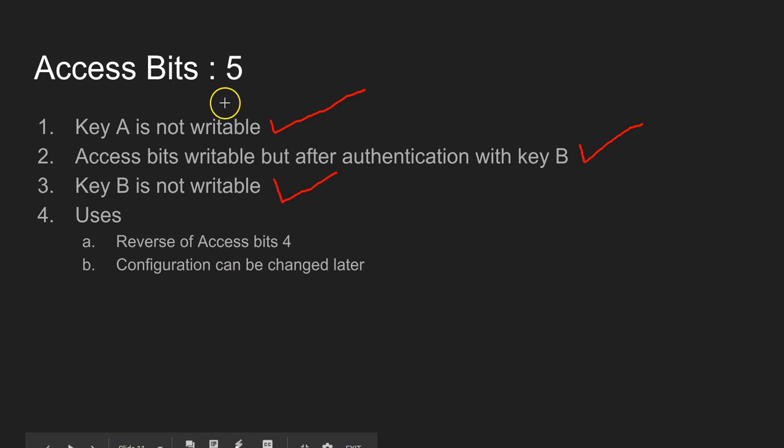If you compare this with access bit 4, this is exactly the reverse of access bit 4. In access bit 4 we had key A writable, key B writable, but not the access bits. One good thing about this configuration is we can change the access bits at a later time. That's what I'm going to show you next.